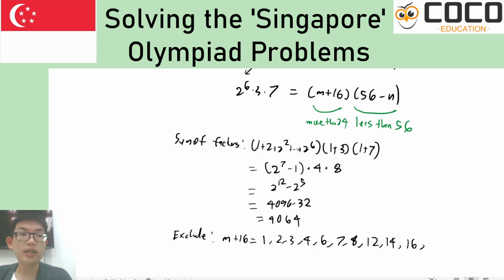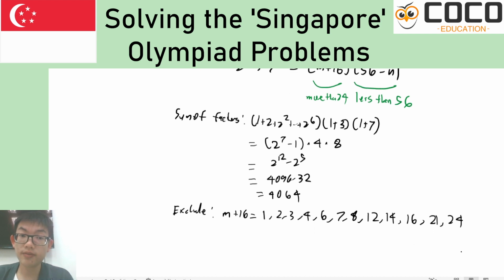Then there's 21, and there is 24 itself. These are the small numbers. It adds up to 168.